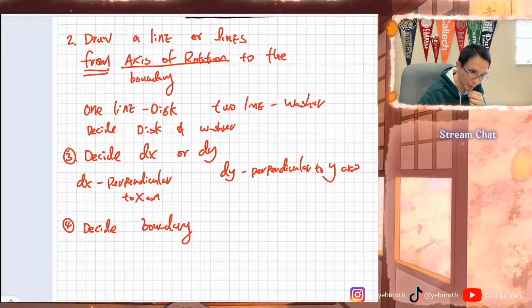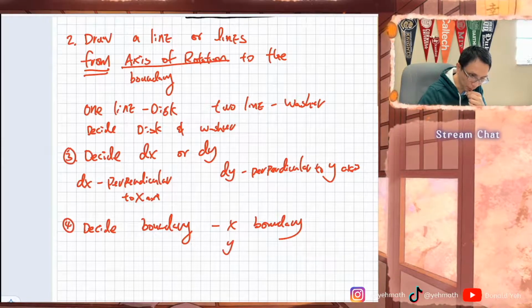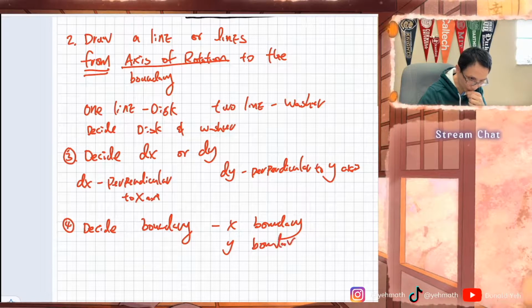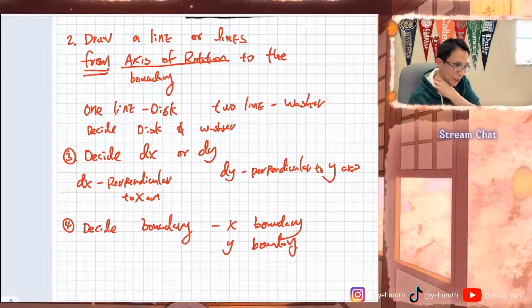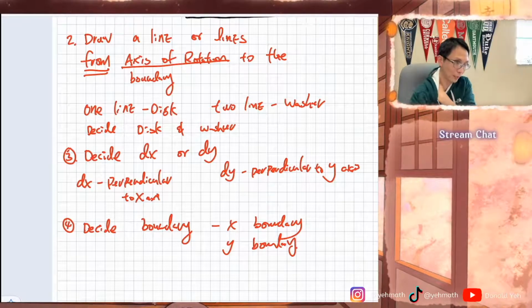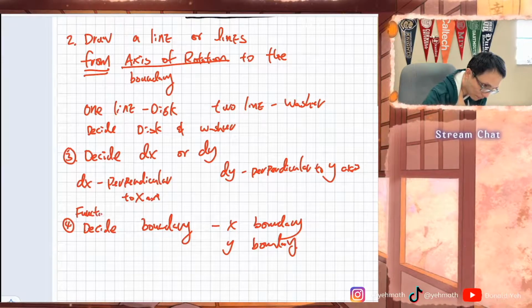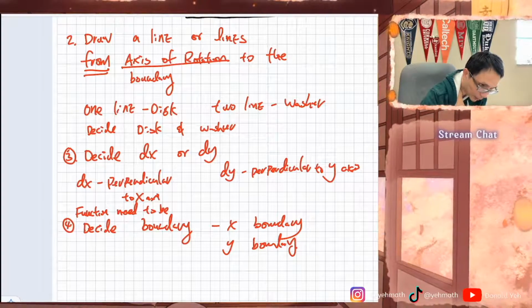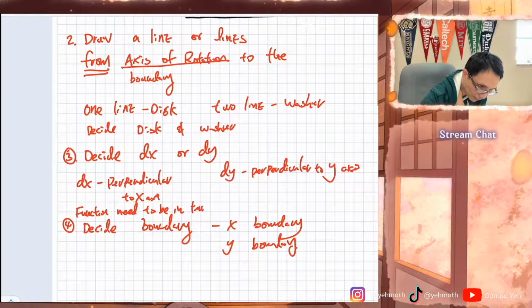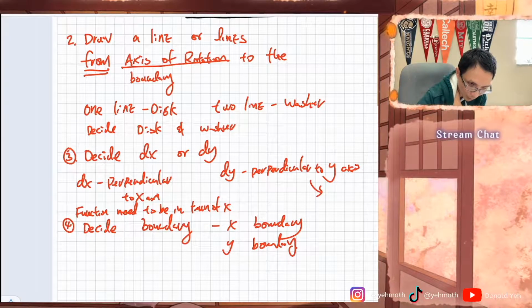It could be x boundary, or it could be y boundary. If it's dx, that means every function needs to be in terms of x. And if it's dy, every function needs to be in terms of y.